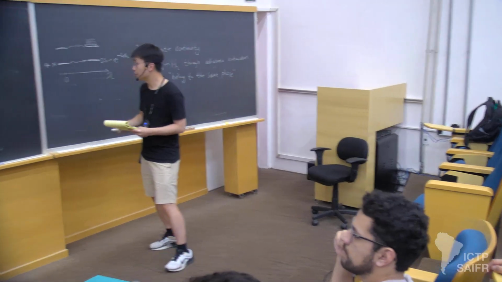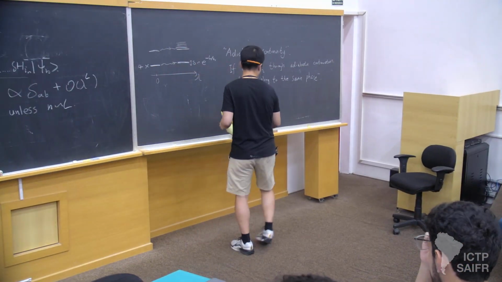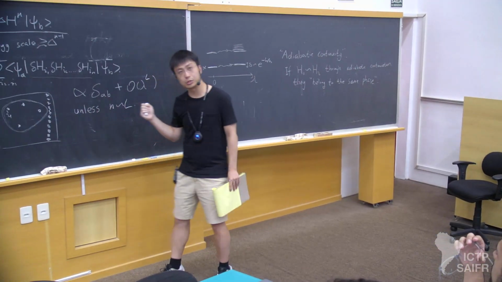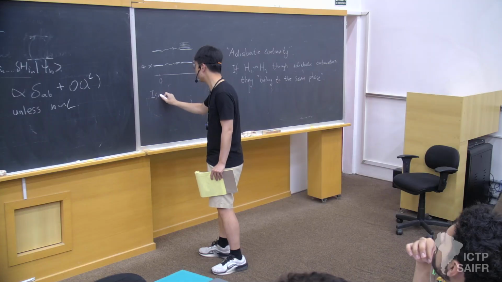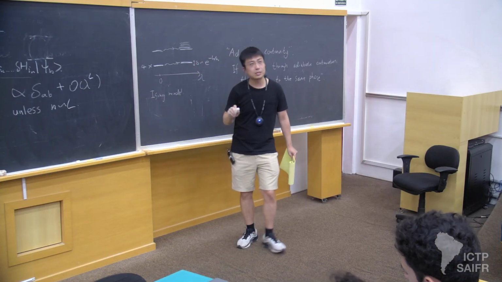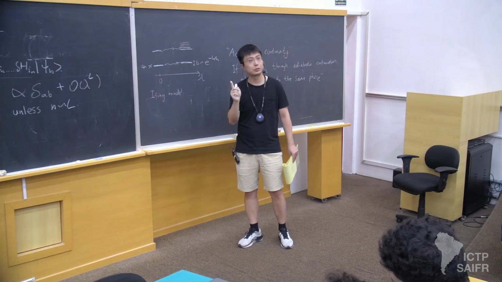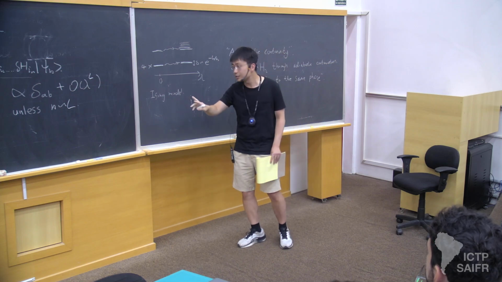By the way, there's also a side. You can also use a very similar argument to show the following. Let's go back to the Ising model case. Recall that for the Ising model, this twofold degeneracy is not stable, right? So if you break the symmetry, it turns out you only get a unique ground state.